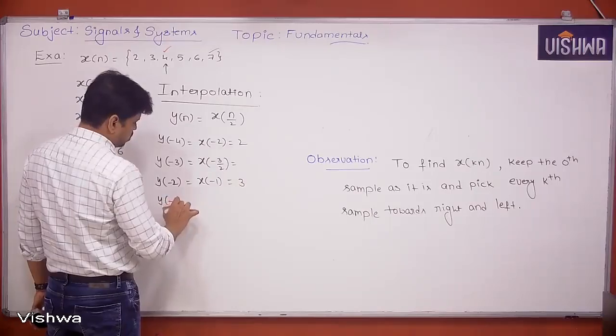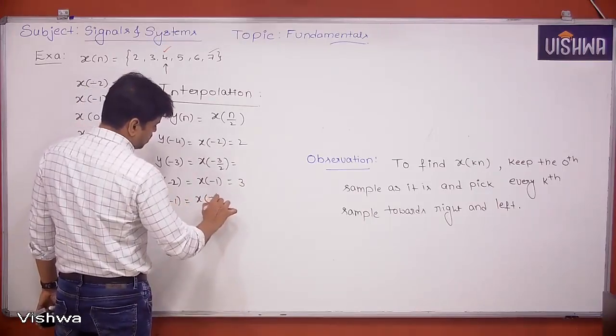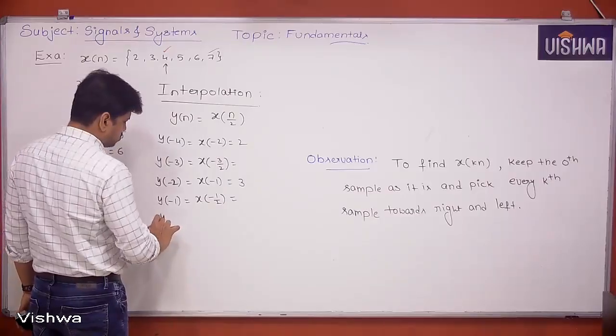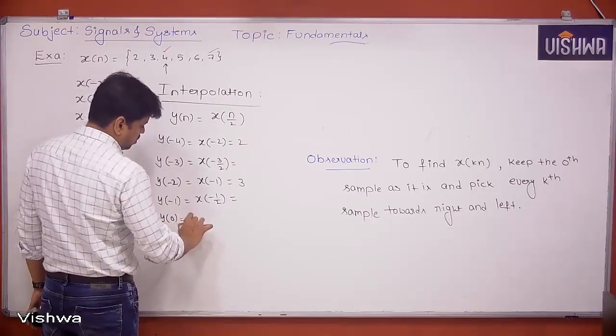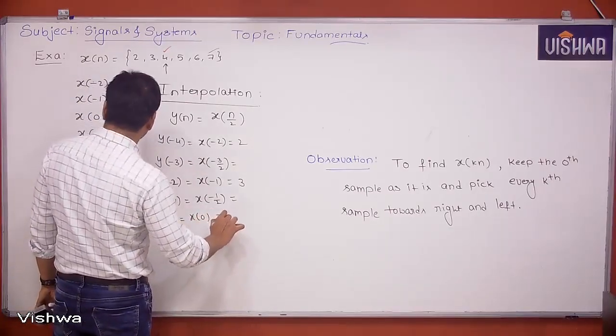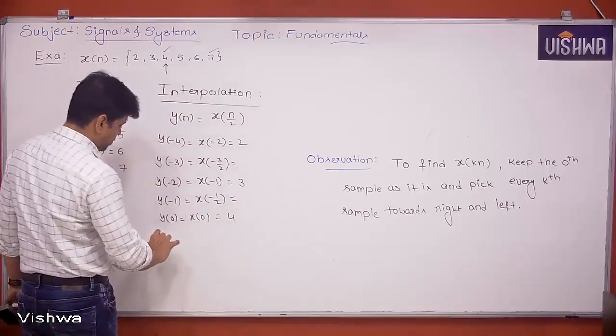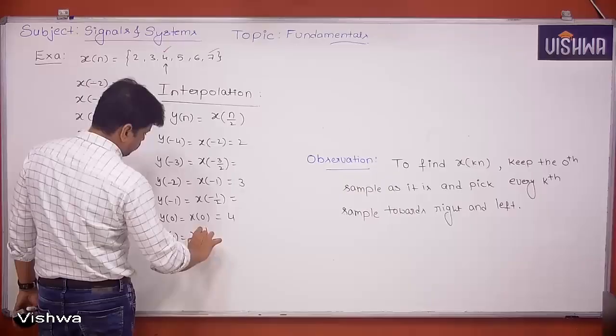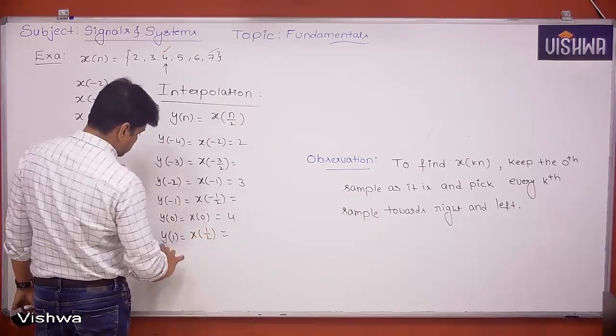Y of minus 1, x of minus 1 by 2, which we also don't know. Next, y of 0, x of 0, how much? 4. Y of 1, x of 1 by 2, we also don't know.